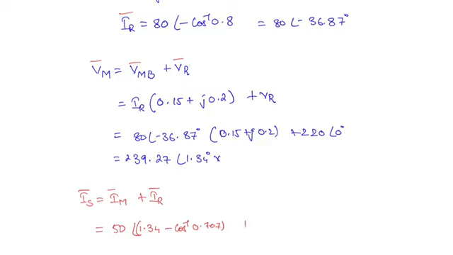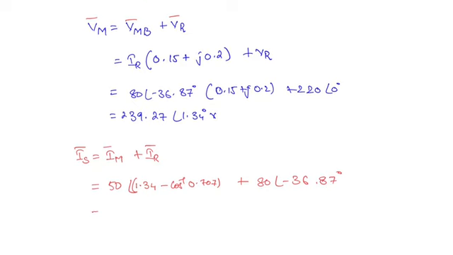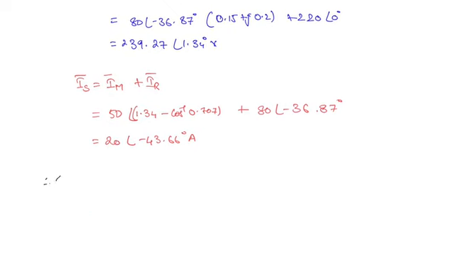Plus Ir, which we know is 80 angle minus 36.87 degrees. If you calculate this, you are going to get 20 angle minus 43.66 degrees. From here you can find out the sending end voltage.